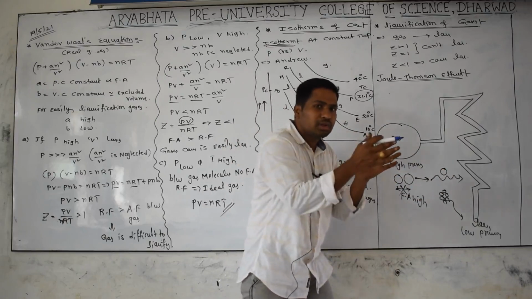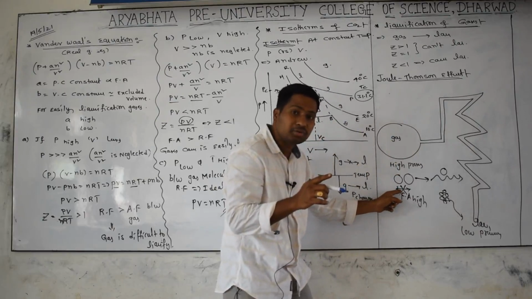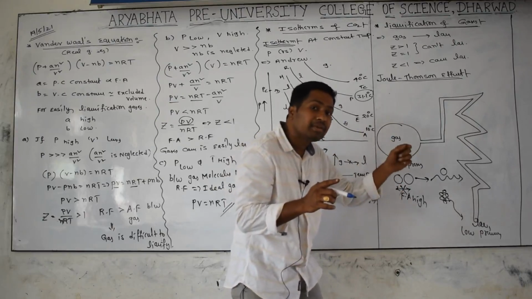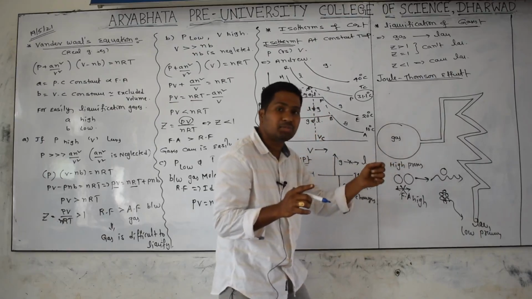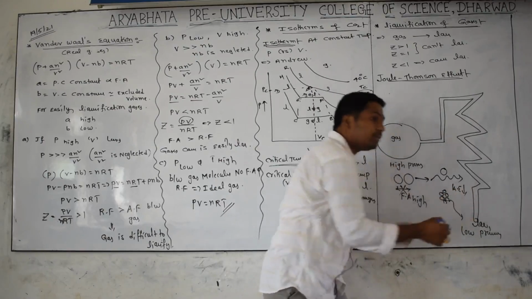To do so they have to break the force of attraction between molecules, and the energy is taken from the kinetic energy of the gas molecules. Automatically, kinetic energy decreases.